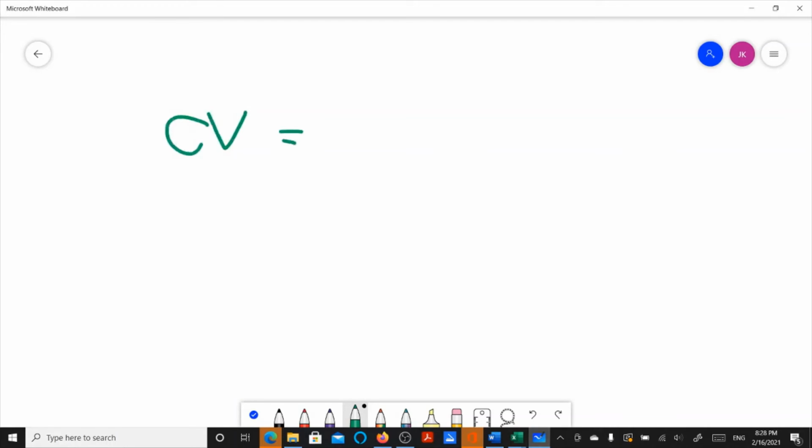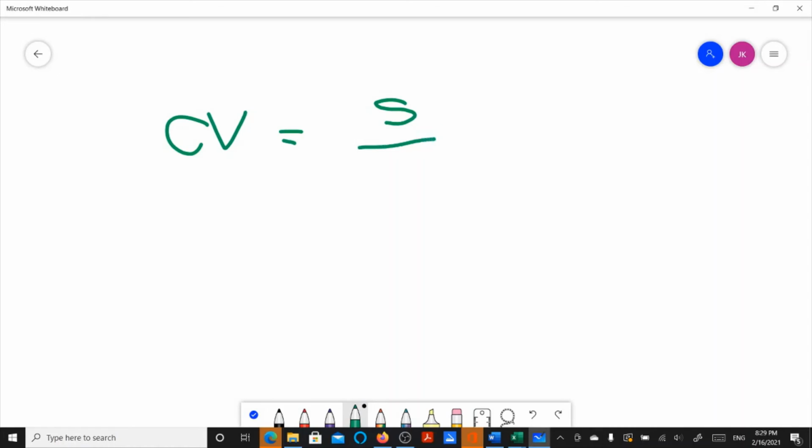Coefficient of variation equals the standard deviation. So note that this is not with, where's the eraser? With to the power 2. So this is the sample standard deviation. This is sample variance. So we're going to get rid of this.